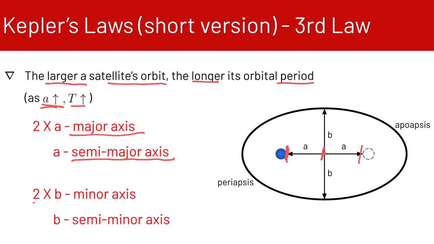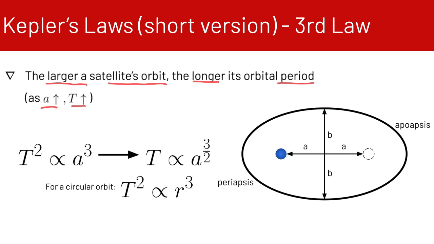And then we have 2 times B, which is the minor axis. So this distance, from this point to this point, is the minor axis. And then just from the center of the ellipse out to this edge here is called the semi-minor axis. Looking at the mathematical relationship between period and the semi-major axis, we have period squared is directly proportional to the semi-major axis cubed.